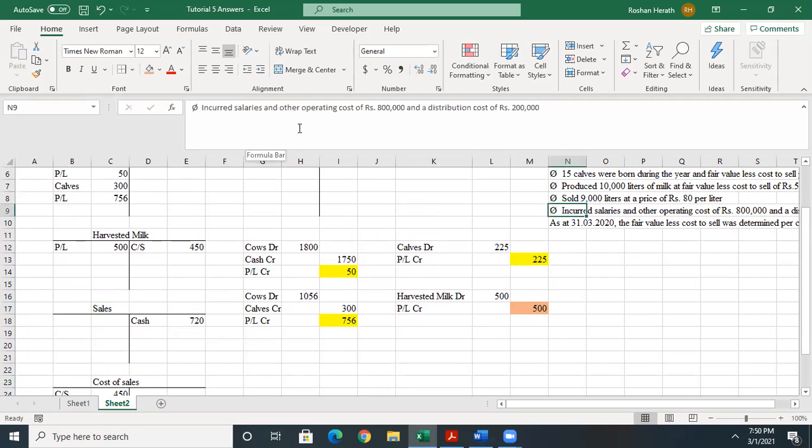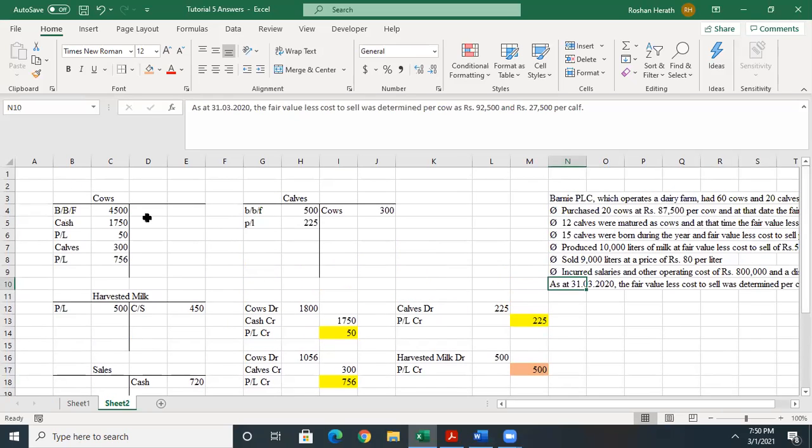Then it says that you incurred salaries and other operating costs 800,000 and distribution cost 200,000. Those are simply expenses, operating expenses. You have 800,000 and distribution cost 200,000. They are simply expenses. Now, as at 31st March 2020, now it's about the remeasurement, right?